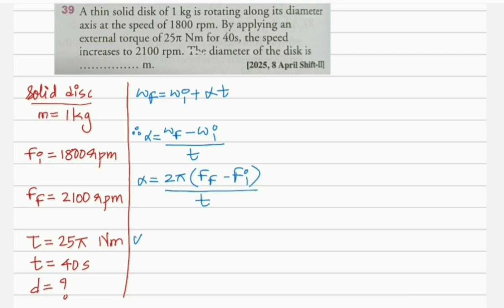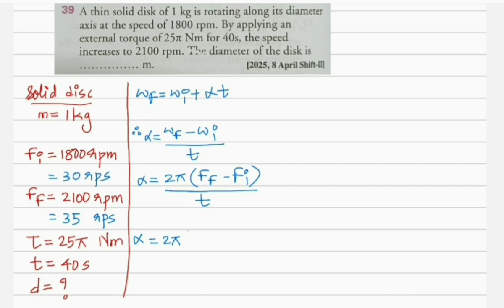So what is the final frequency? That's 2100 rpm. So I just have to divide by 60 so that मुझे unit rps दिख जाए, revolutions per second. So 2100 divided by 60 gives 35 rps. What about the initial frequency? 1800 divided by 60 gives 30 rps.